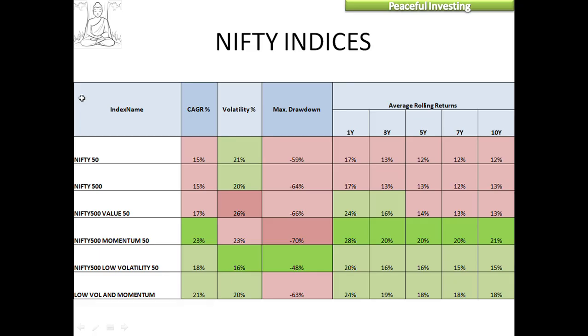That means if you had invested a lakh rupees into Nifty 50, there was a time when out of that lakh rupees, only 41,000 was left. This happened during the global financial crisis, in the year 2008.